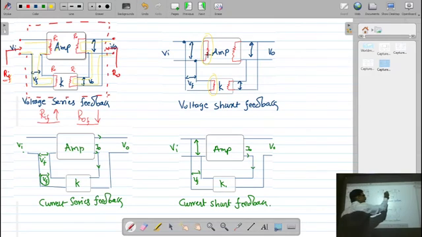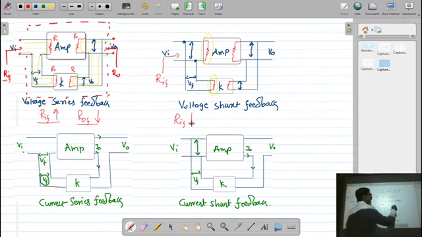Means the input resistance of the amplifier and the output resistance of the feedback network are parallel to each other, and therefore if we measure the resistance at this point, then the RIF is going to decrease, because of the parallel connection of these two resistances.